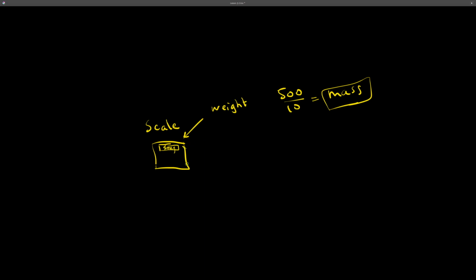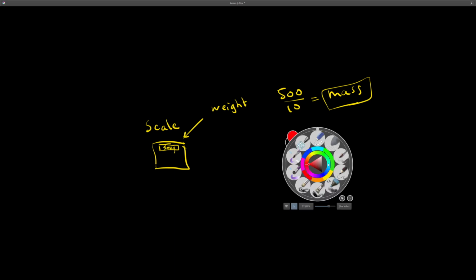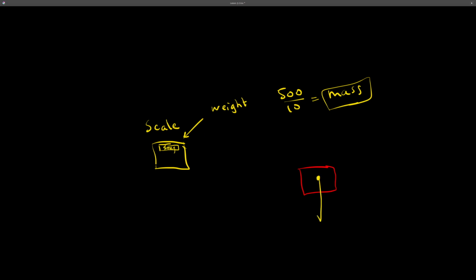Now, how does a scale actually measure your weight? If a person stands on this scale, what are the forces acting on the scale? I have the scale right here. There's the force of you applying a force on the scale when I stand on top of it. You have the force Fg downwards on the scale, and the scale also applies an equal force back, which we'll call Fs, the force of the scale.